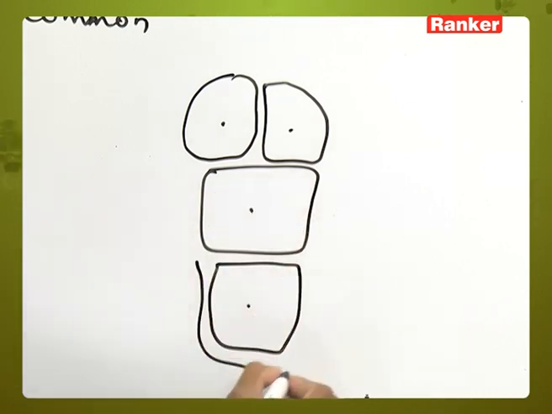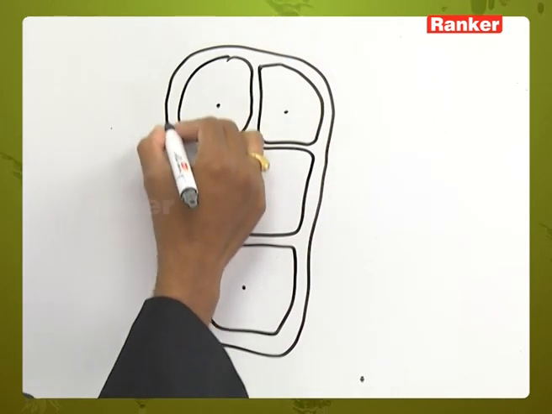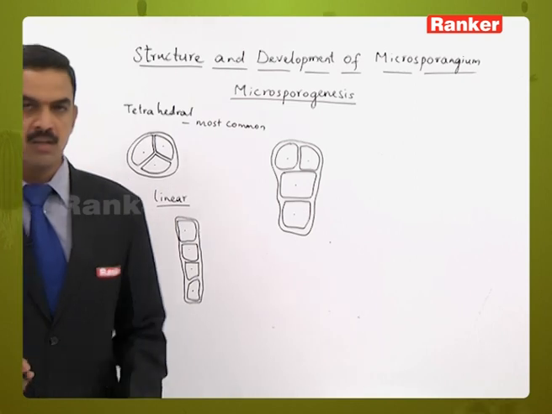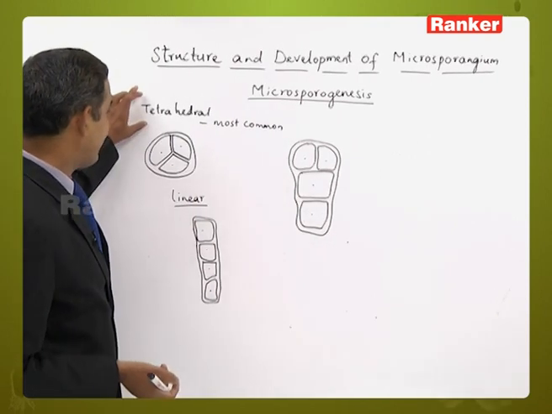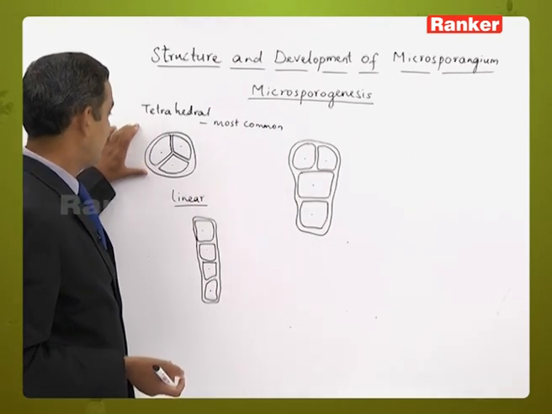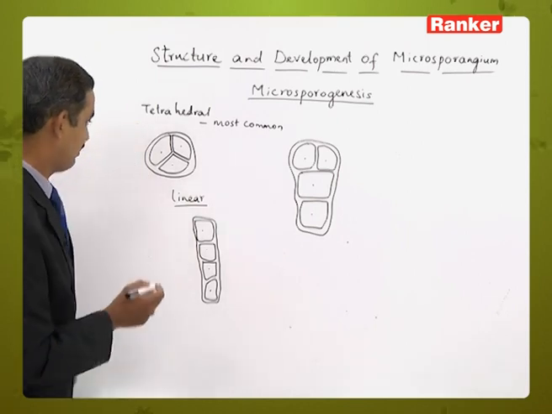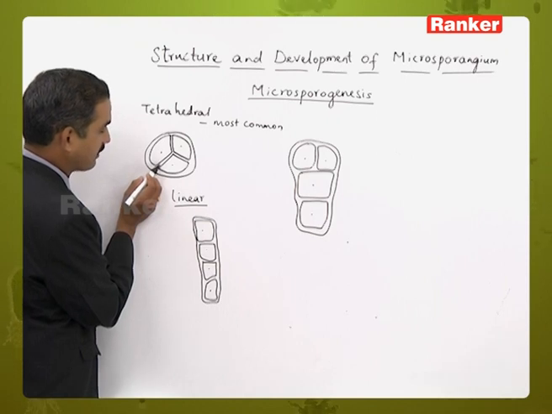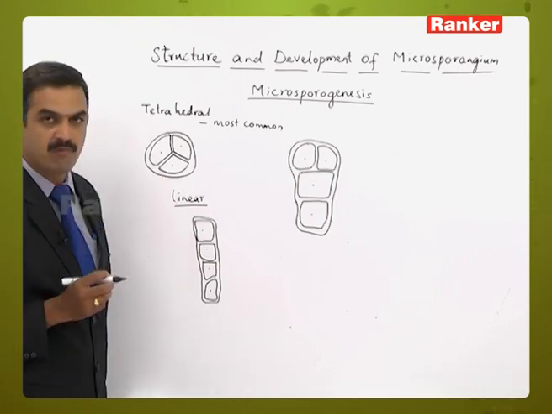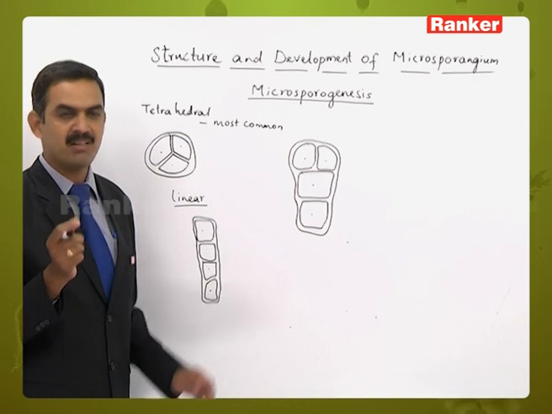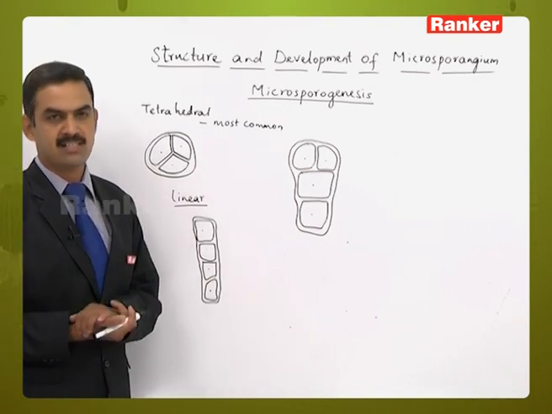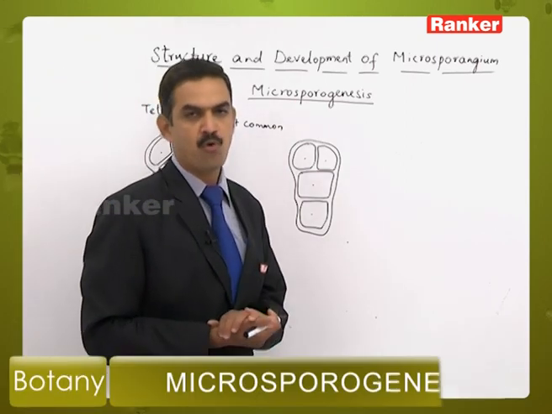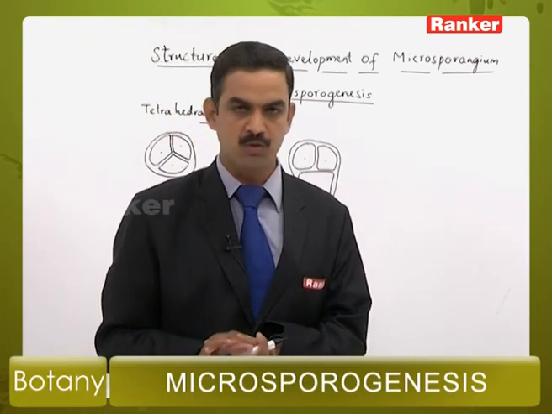So, like this the cells are in the form of a T shape. So, like this they are arranged in 5 different forms. Out of these, the most common is tetrahedral, where the 4 cells are arranged in this manner, and of course, here between the 2 microspores, this part we call the callose wall, which is helping in holding the microspores as a single unit. So, these are the shapes which have been formed based on the arrangement of the microspores here.